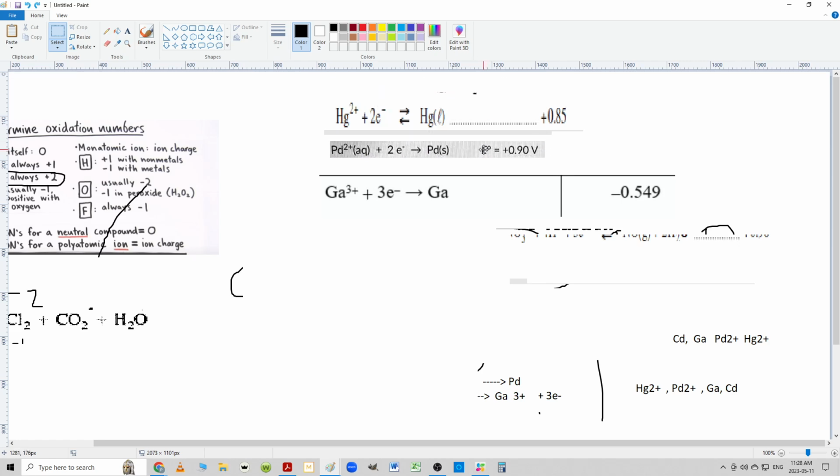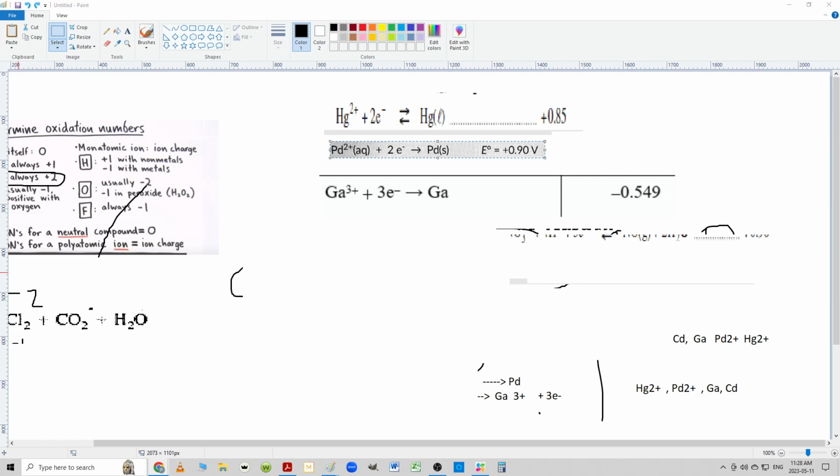So I should reread the question, or at least go and look up and make sure Pd is indeed 0.987. Yeah, it is. Let's make sure Hg2+ is, and then we'll go back and make sure we answer the question correctly.